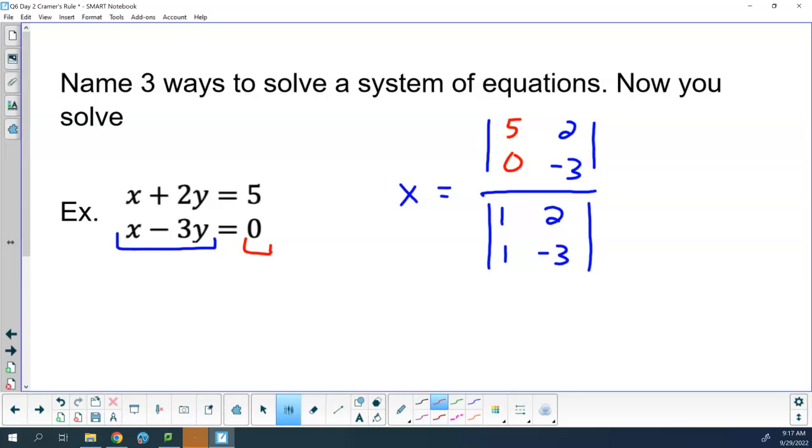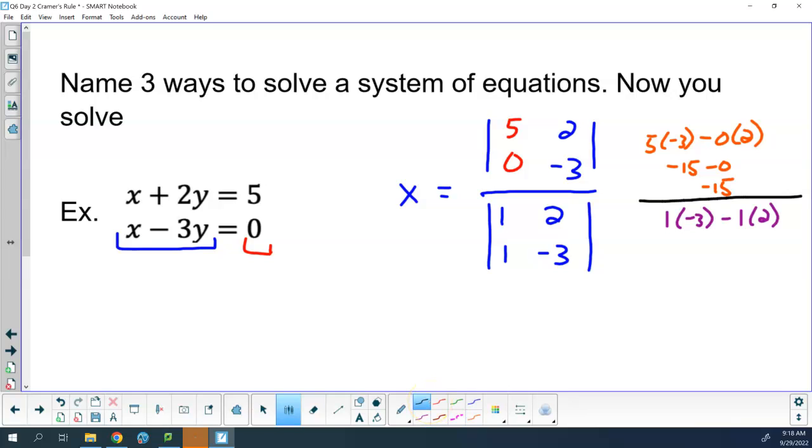So when I do this math, this is going to be 5 times negative 3 minus 0 times 2. This is going to be 1 times negative 3 minus 1 times 2. 5 times negative 3 is negative 15 minus 0 is negative 15. 1 times negative 3 is negative 3 minus 2 is negative 5.